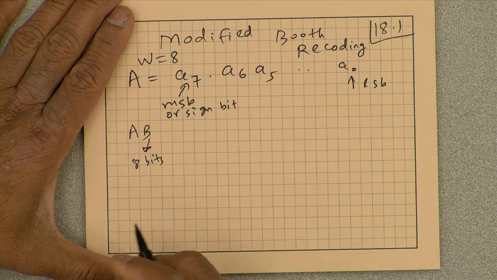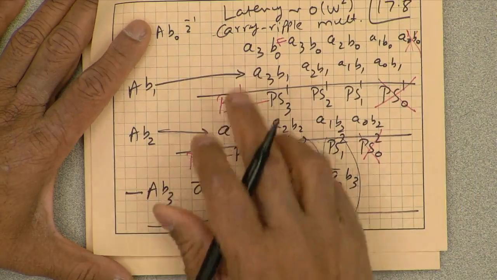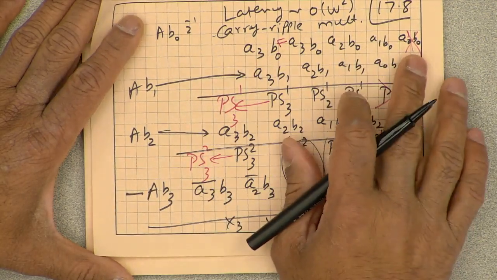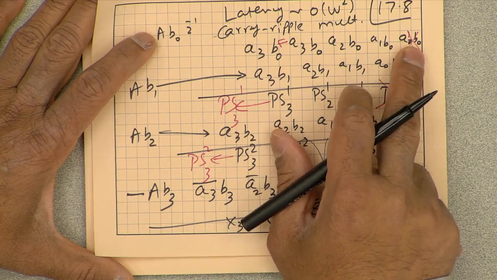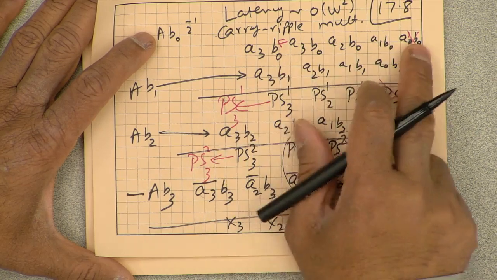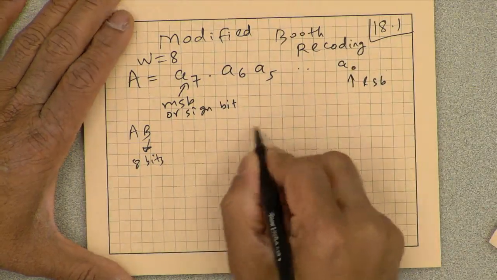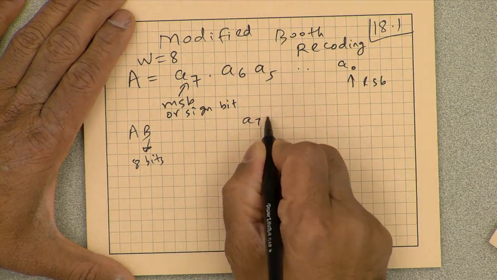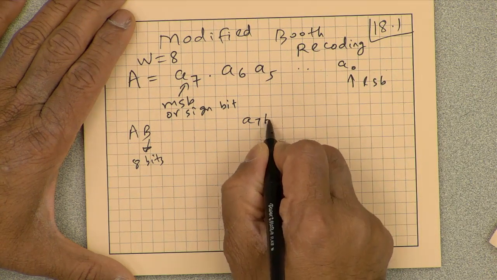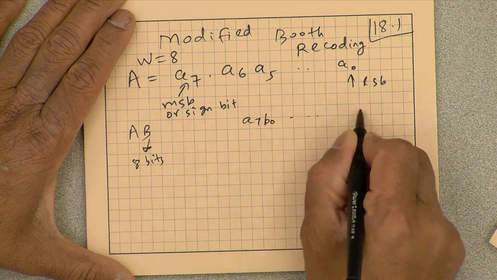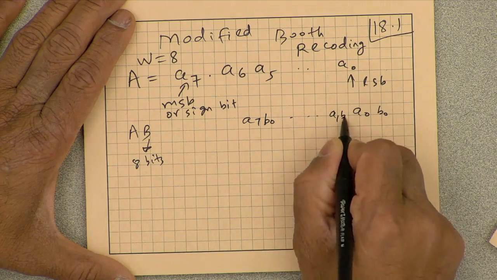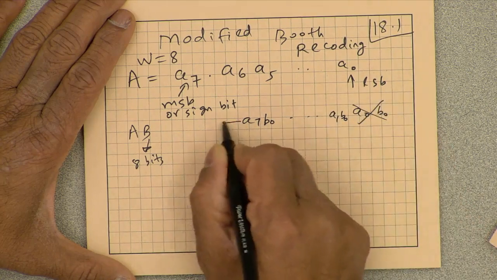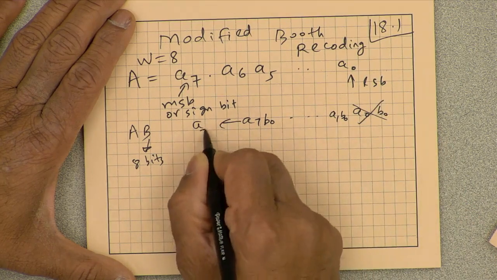So we can see from this, if I just follow the example from before, we start with A times B0, and then scale that by factor 2 to the power minus 1. So if I take A7 B0 all the way up to A0 B0, and then this is A1 B0, and scaling that means throwing this away and sign extending A7 B0.